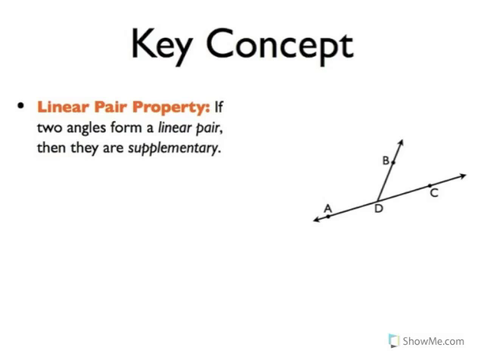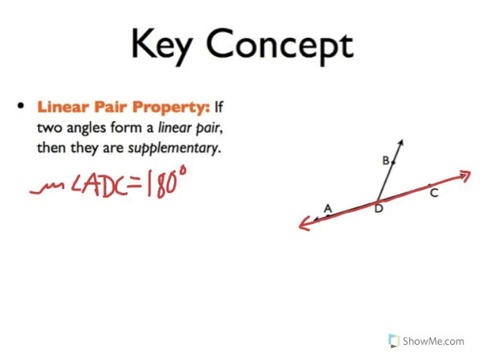And so now we have our next concept, the linear pair property. If two angles form a linear pair, then they are supplementary. Remember that in a linear pair, the non-adjacent rays are opposite rays. So that means that the measure of angle ADC has to be 180 degrees.